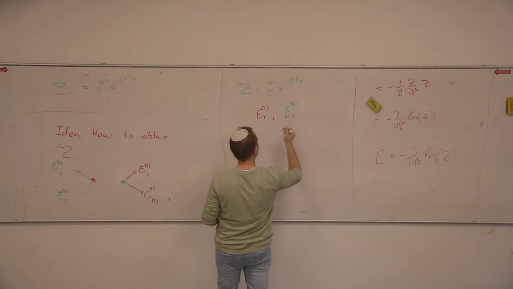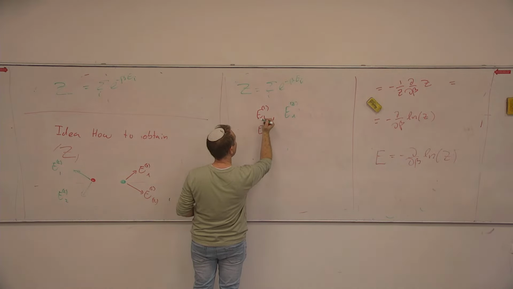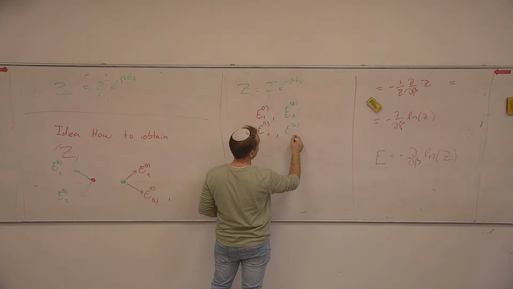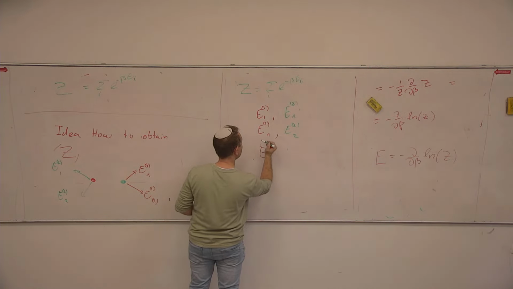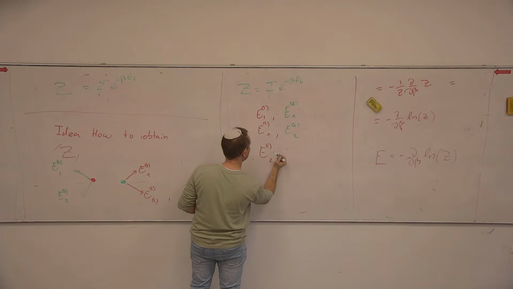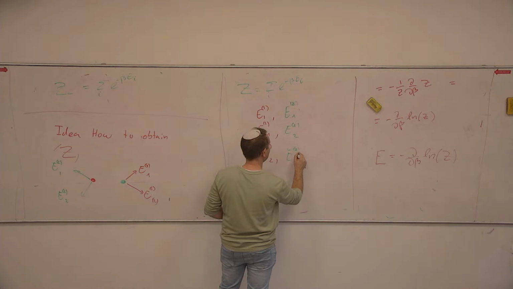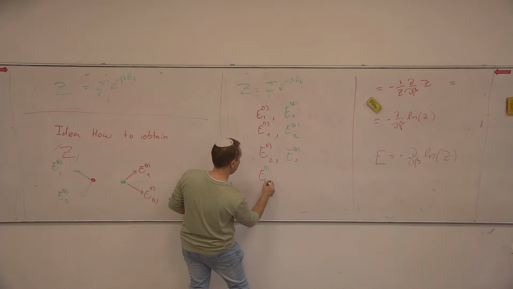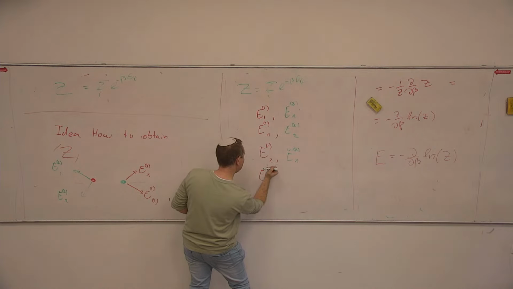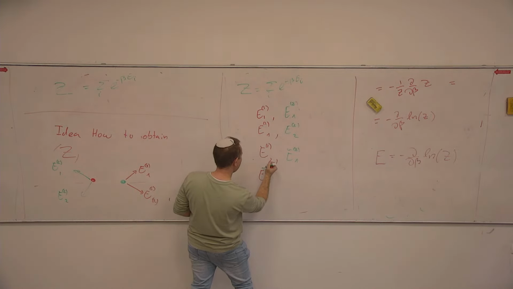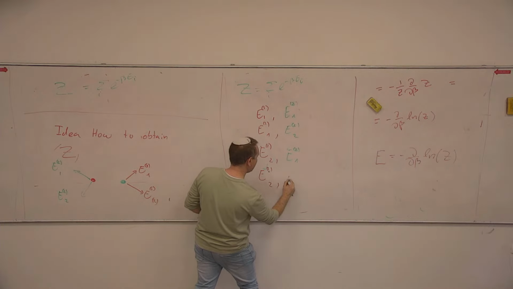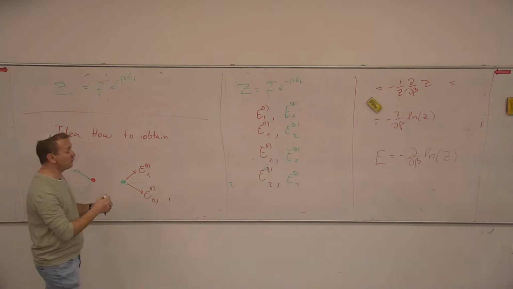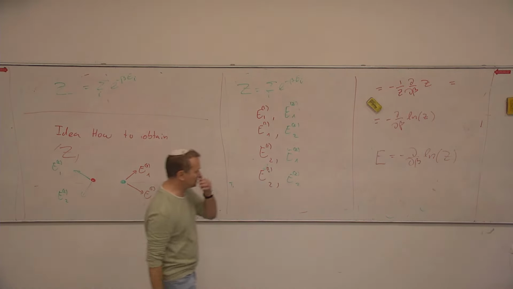We take E1,1 and E2,1. We take E1,1 and E2,2. We take E1,2 and E2,1, and we take E1,2 and E2,2. Those are the different configurations of the system.